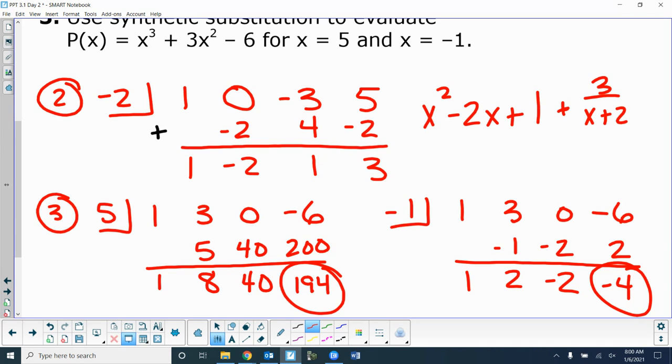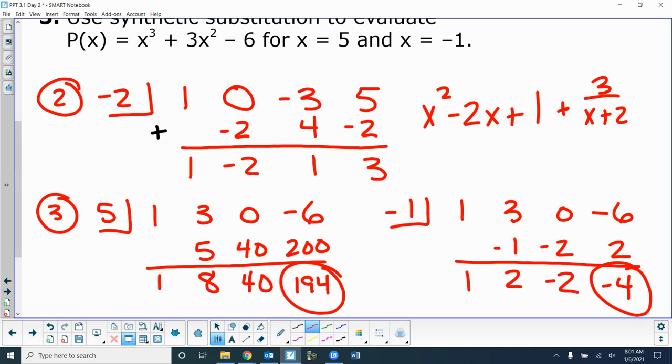Negative 1x to the 6th plus 1x to the 5th minus 2x to the 4th plus 2x to the 3rd minus 3x squared plus 3x minus 4 minus 1 over x plus 1.